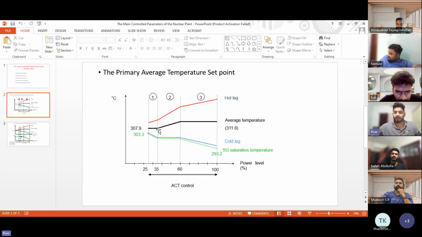The primary and secondary control channels in the ACT control mode will detect it and automatically adjust the control rod position in the CRDM, and all are interconnected. It will maintain the required output.